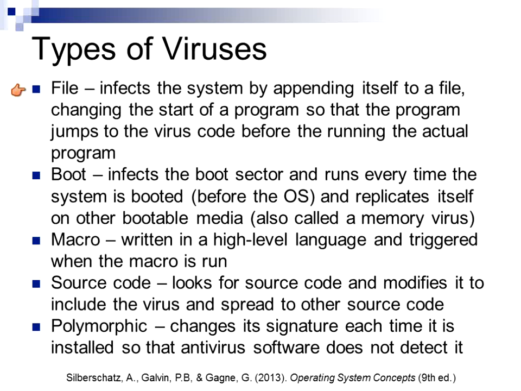So it does a little modification there where it kind of jumps in the middle so that when you start a program, it actually will run the virus and then run the program code. So you're often not even aware that the virus is running because it does eventually run the program code and you just don't even know it because the virus gets in there and runs so quickly.